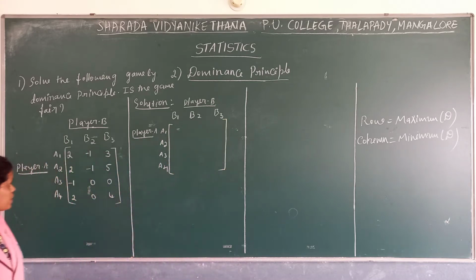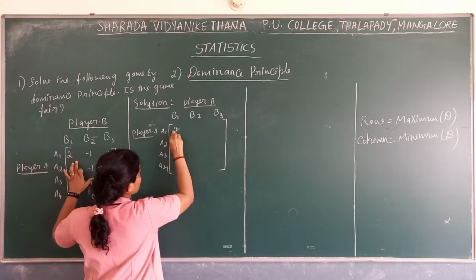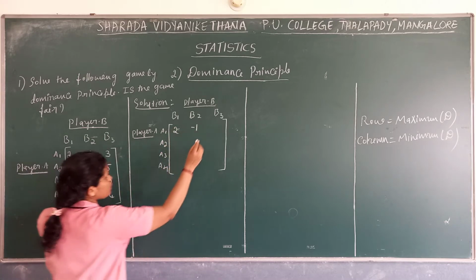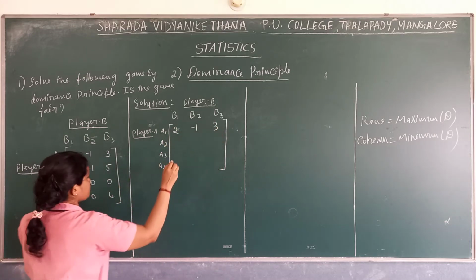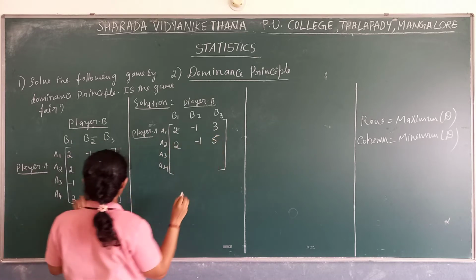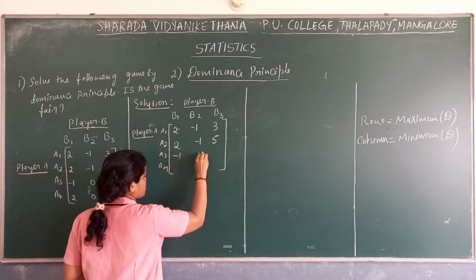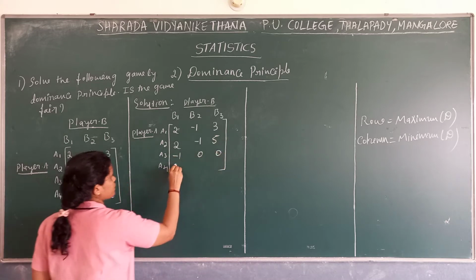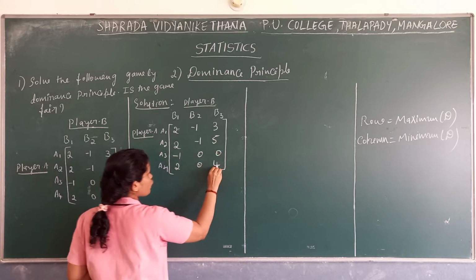Now write the matrix: 2, -1, 3, then 2, -1, 5, then -1, 0, 0, then 2, 0, 4.